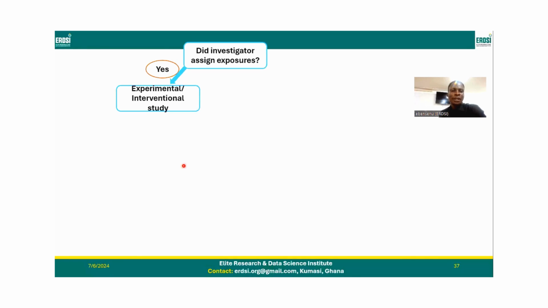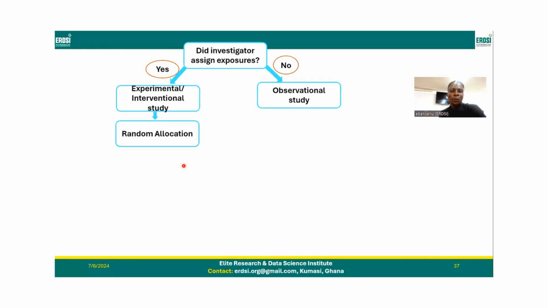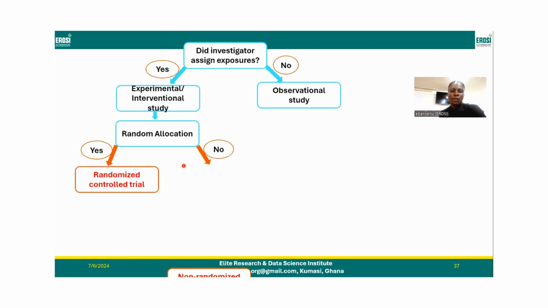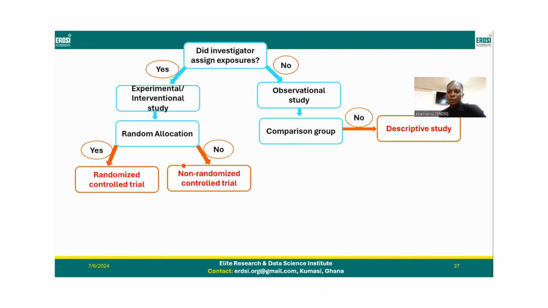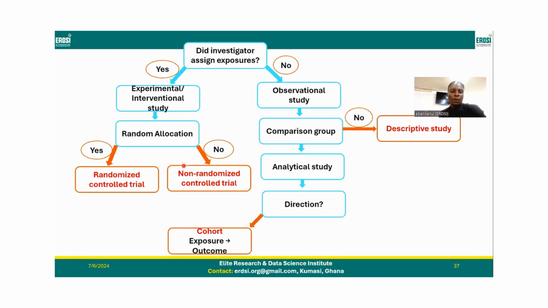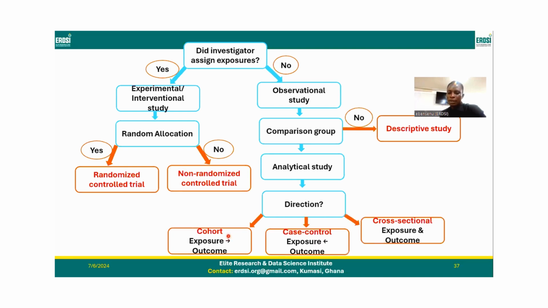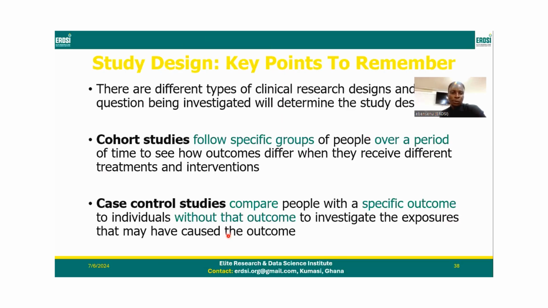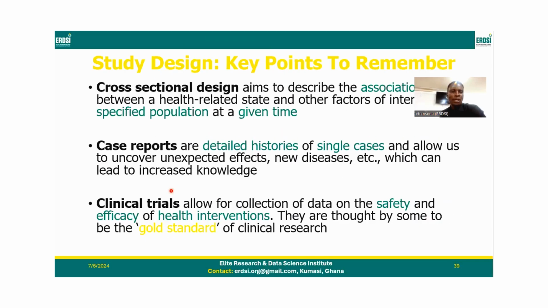So in summary, what you are looking for tells you what you have to do, whether you want to go by a randomized controlled trial, non-randomized controlled trial, descriptive study, cohort study, case control, or analytical cross-sectional. When you get the PPT, you can go through this.